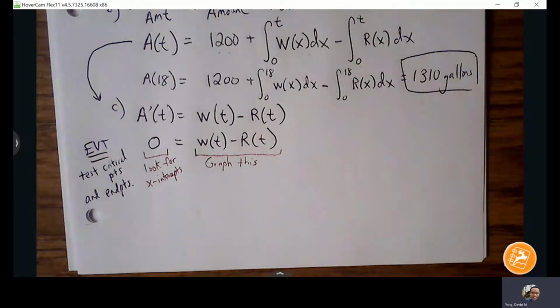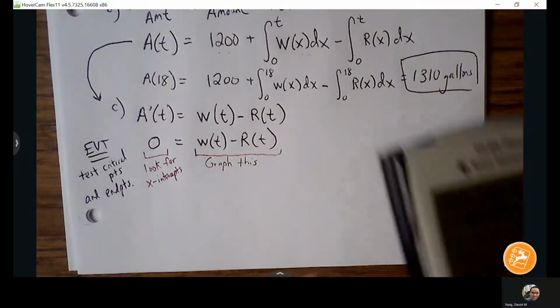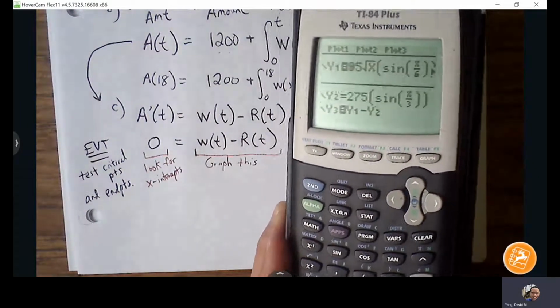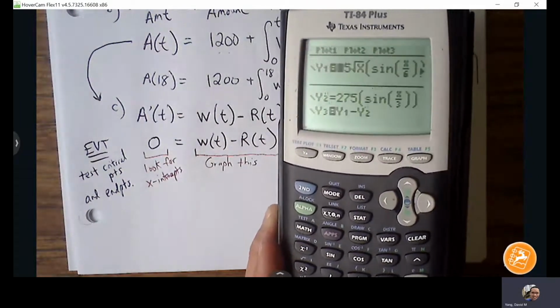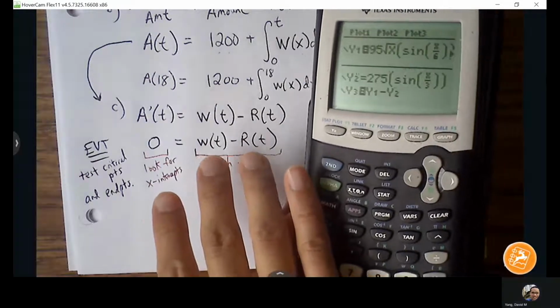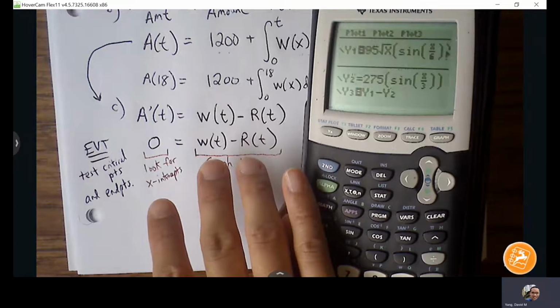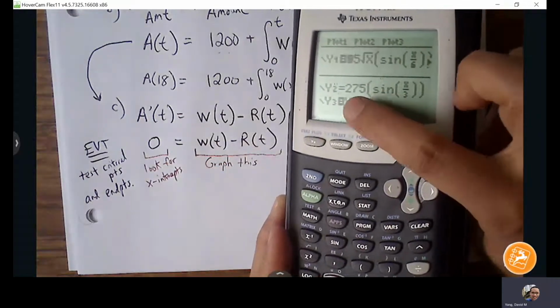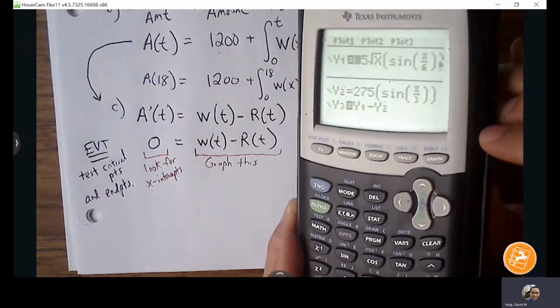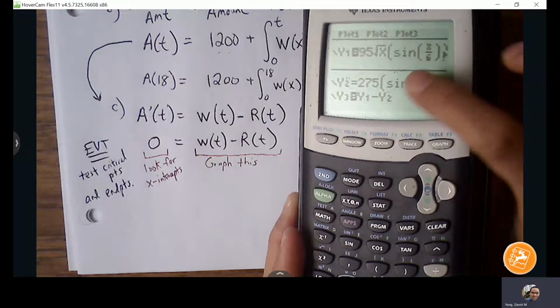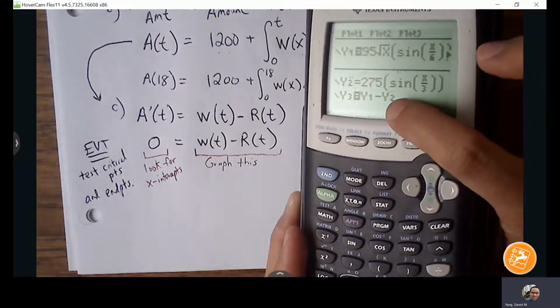Okay, so let's practice entering that in. Let me do the graphing calculator first. I already have R of t and W of t under y1, y2. I could retype everything in, 95 root x sine x over 6 minus 275, but I think it's easier if we have y3 represent the graph that we want to look at, and I'm just going to call it y1 minus y2.